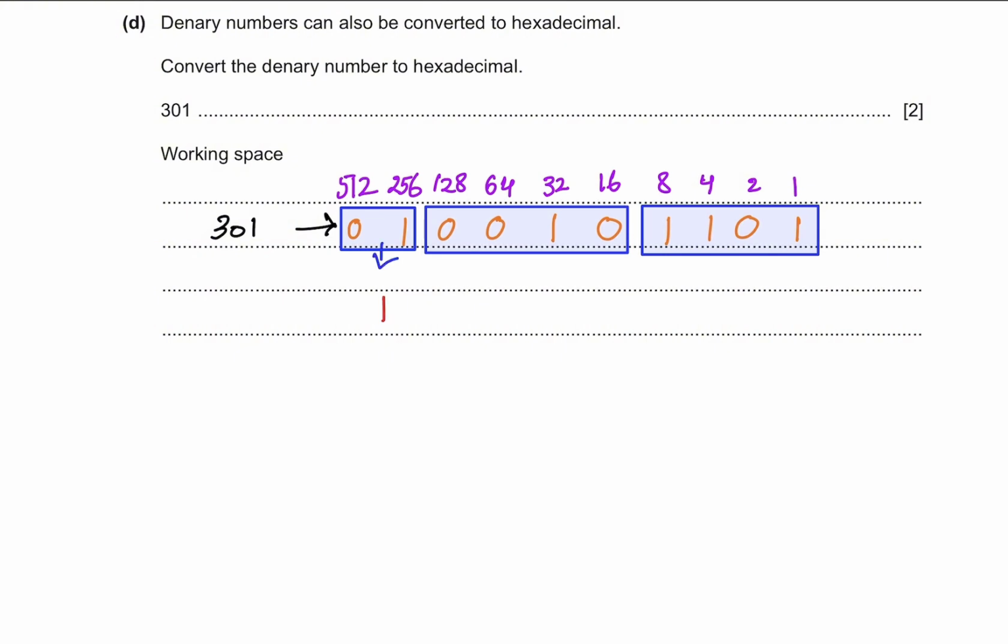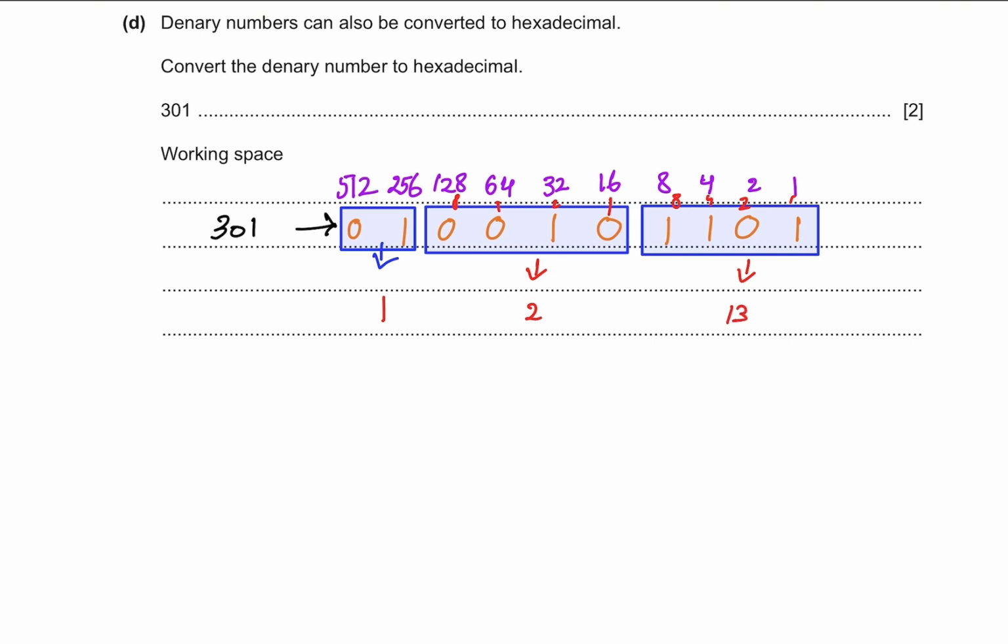1. Now here, if you put 1, 2, 4, 8, you will get 2 here. If you put 1, 2, 4, 8, you will put 12. 12 plus 1 is 13.